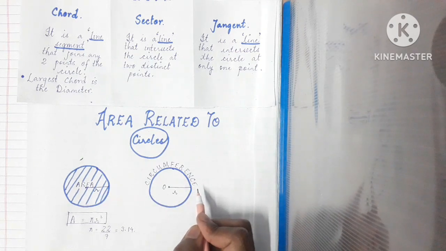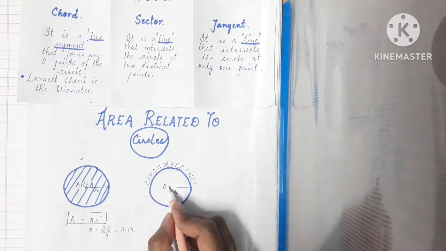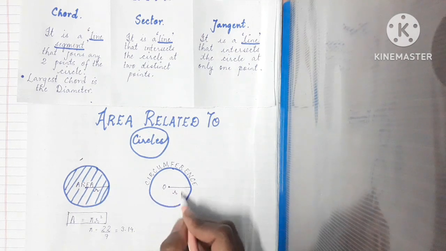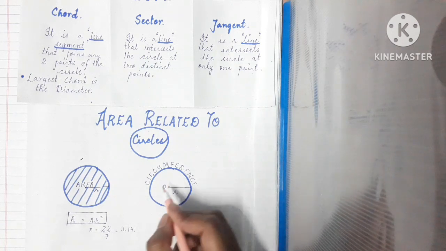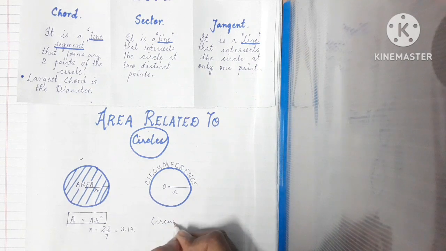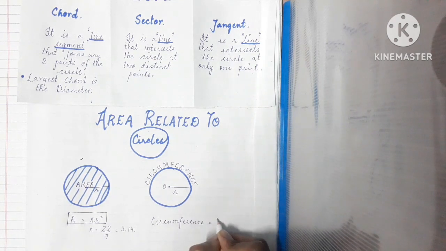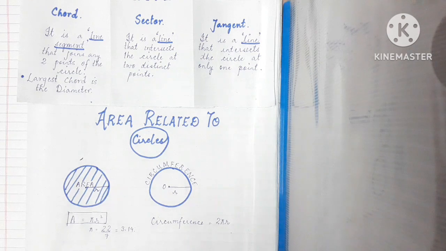So how to find the circumference of a circle? If the radius of the circle is denoted by r, then the circumference is equal to 2 pi r, where r is the radius of the circle.